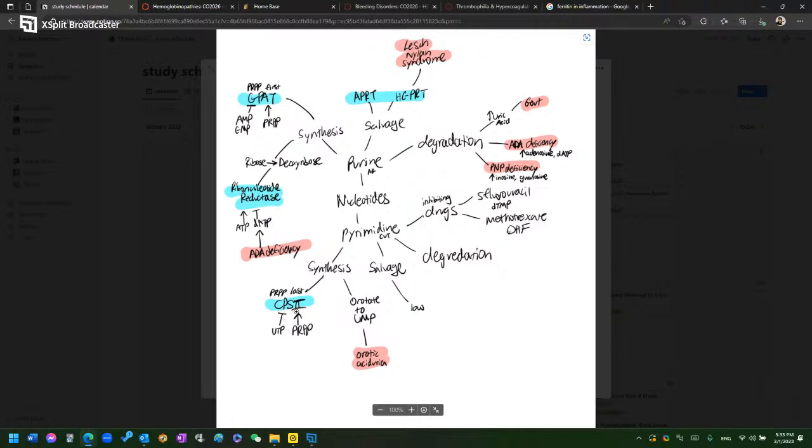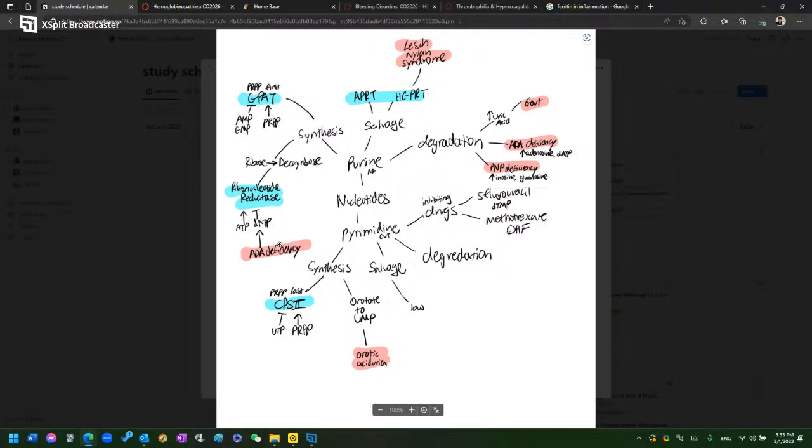And problems with CPS2 obviously cause problems with low pyrimidines. And similarly, for purine synthesis, it's something called GPAT. So those are those two, and then there's also an important one.